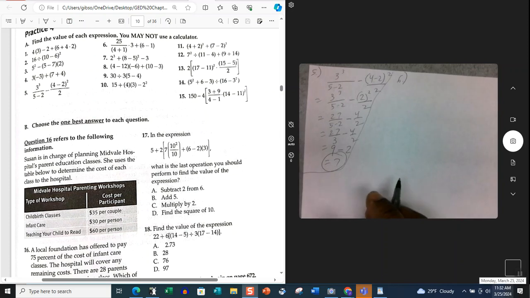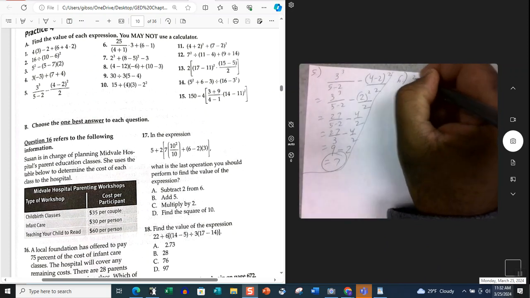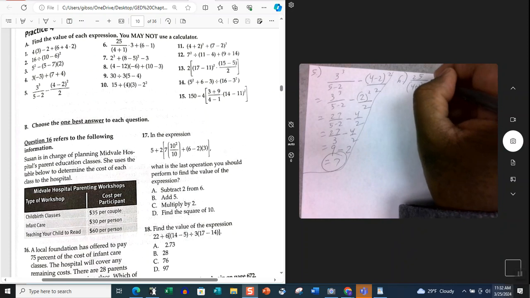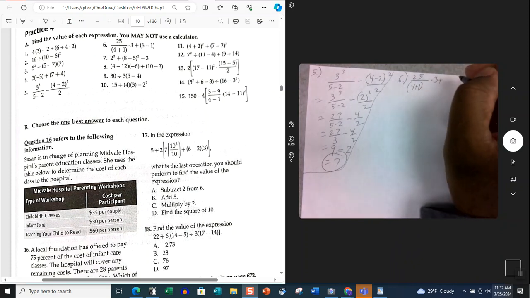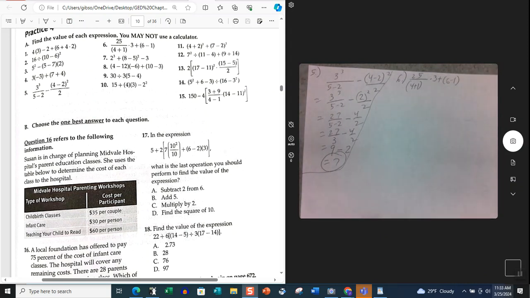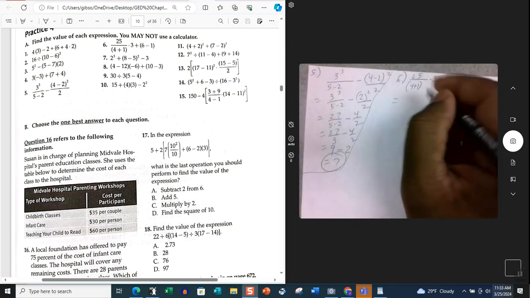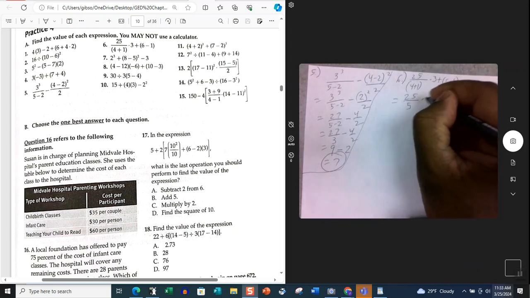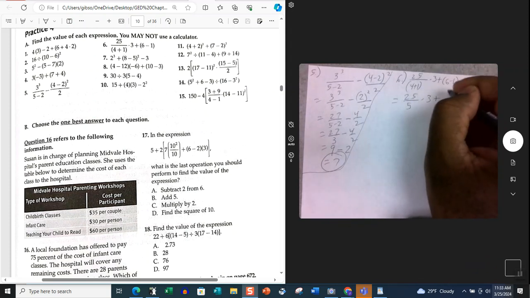Number 6. We have 25 over 4 plus 1 times 3 plus 6 minus 1. Now remember, we still do what's in parentheses first. So we have 25 over 5 times 3 plus 6 minus 1 is 5.